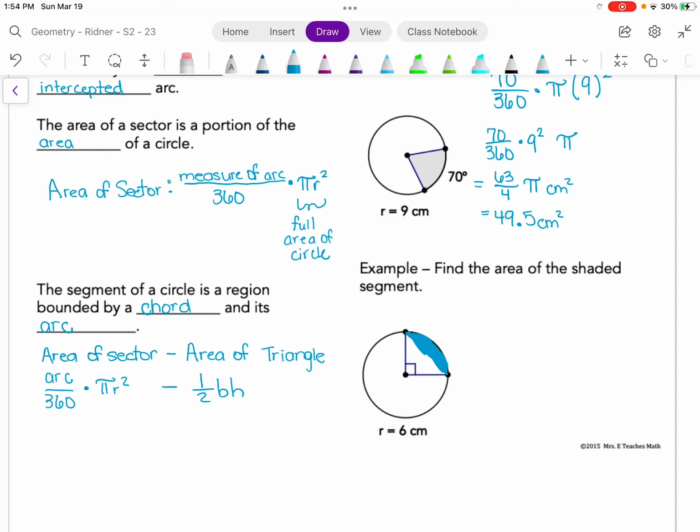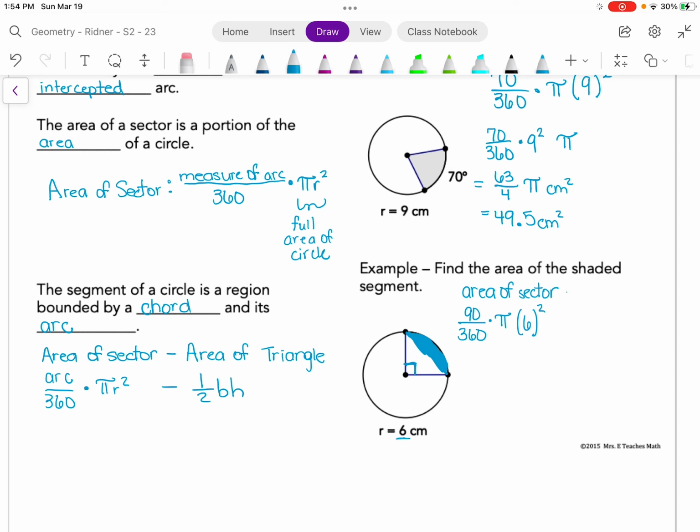Okay, so what's that look like as an example? So the area of the circle, actually let's not use that, area of the sector, so part of the circle. My angle is 90 out of 360 times pi r squared, because r is 6.